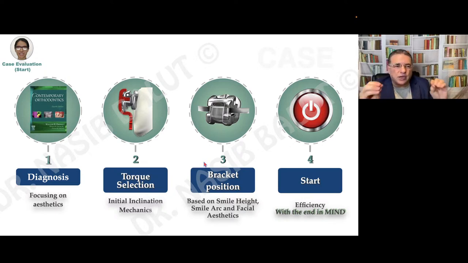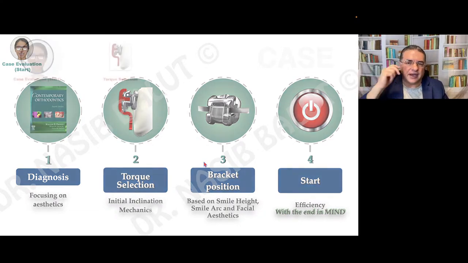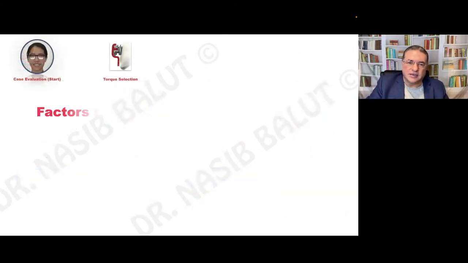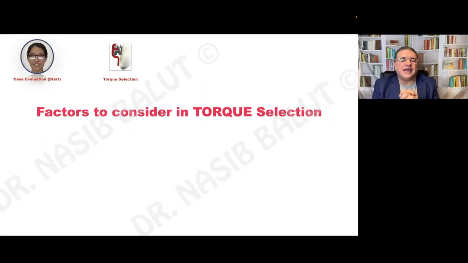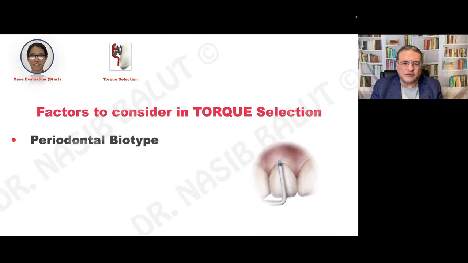And if you want to end up with a nice result, you have to be aware that you have to be changing bracket positioning during the treatment before you get to heavier wires. So what are the factors to consider in torque selection? There are 4.